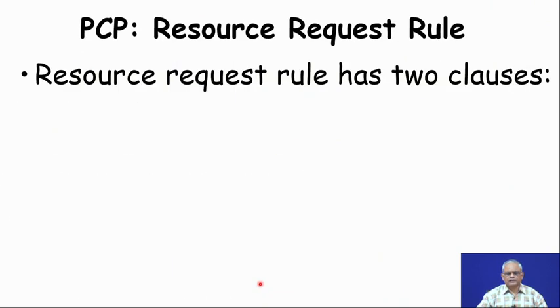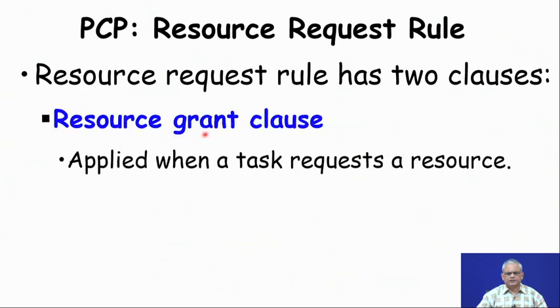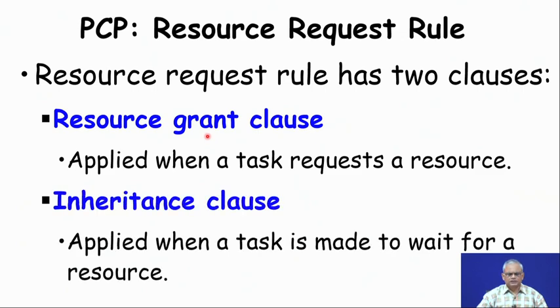First, let us look at the resource request rule. In the resource request rule, there are two clauses. First is the request grant clause, where a task requesting a resource gets the resource. The second is the inheritance clause, where a task does not get the resource, but it blocks.